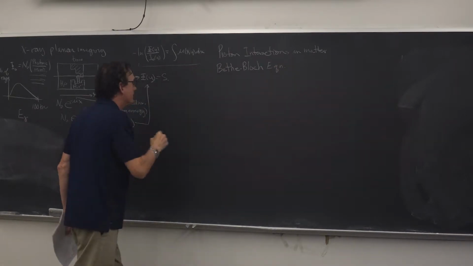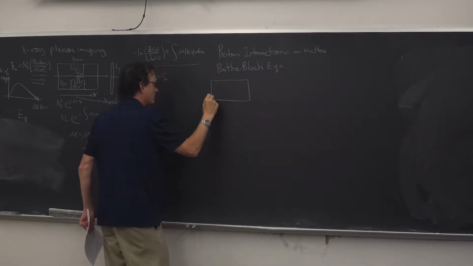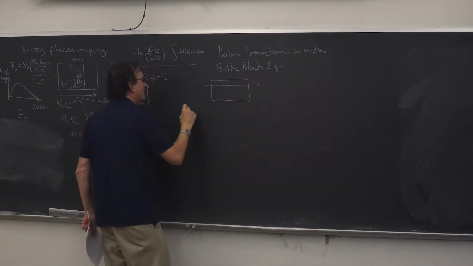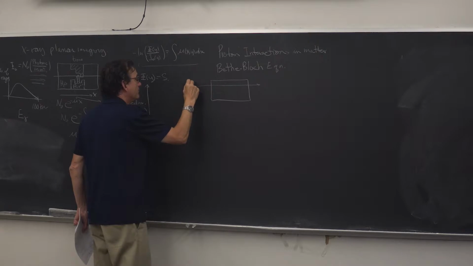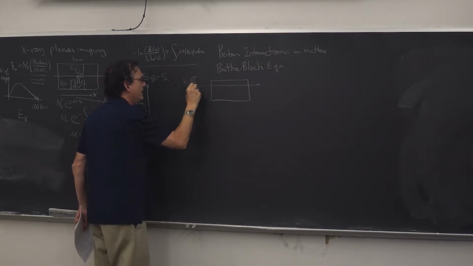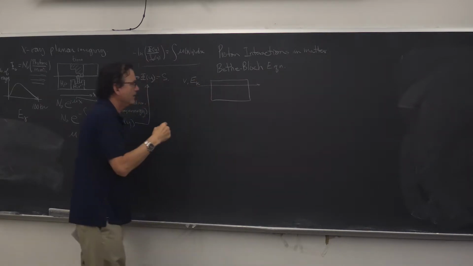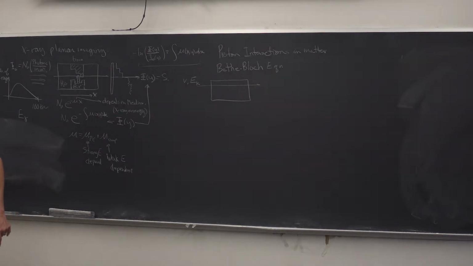If I send a stream of protons through a block of matter, they will start out with some velocity v and some energy E, and by E I always mean kinetic energy. I'll put a K here for now, but generally we're always talking about kinetic energy when we use the E for a particle.